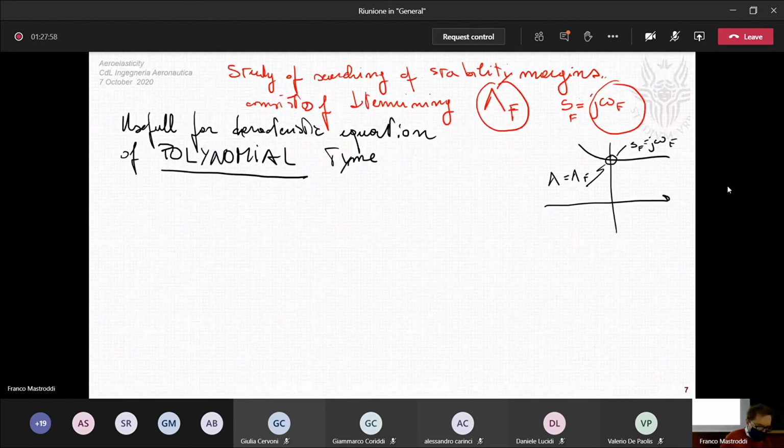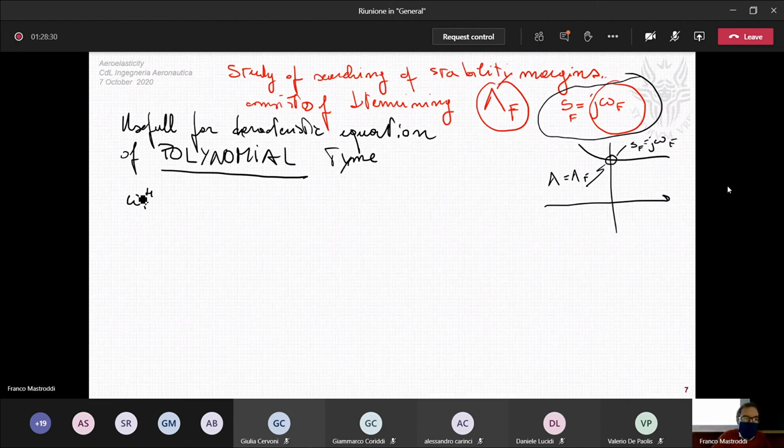I will have omega flutter to the power 4 from s to the power 4. And of course, I have to involve all the even powers of s as real part. Because when you have s equal to j omega and you take the power of s, only the even powers give you a real part.